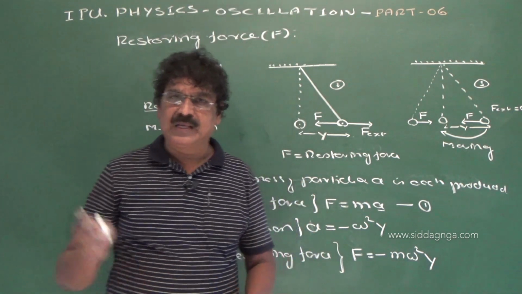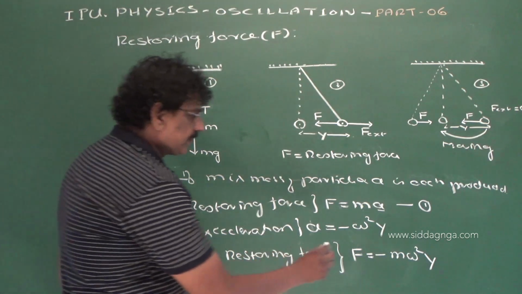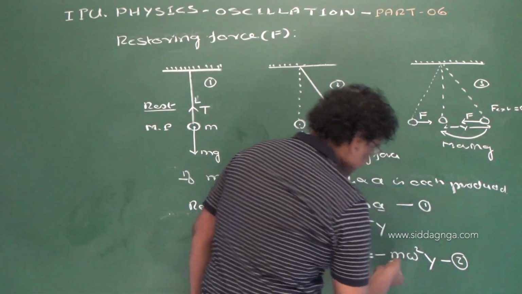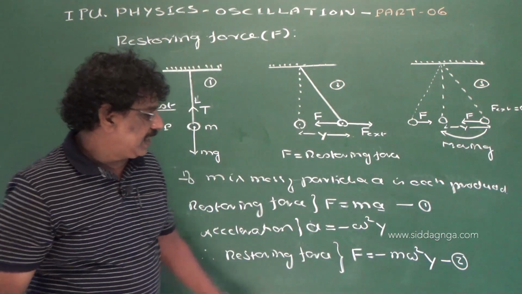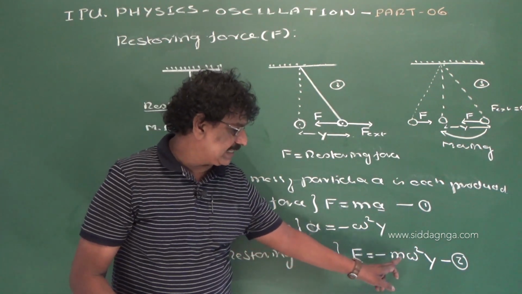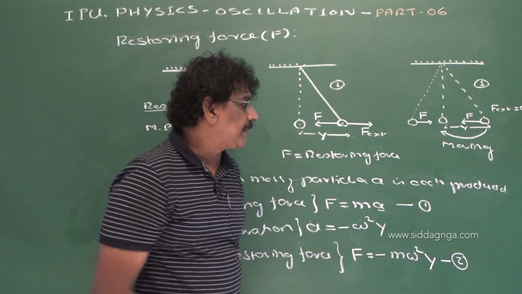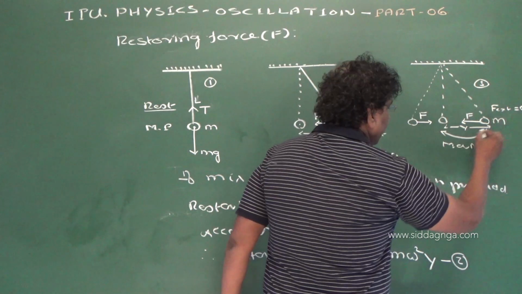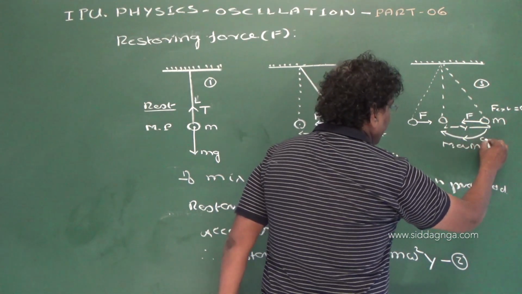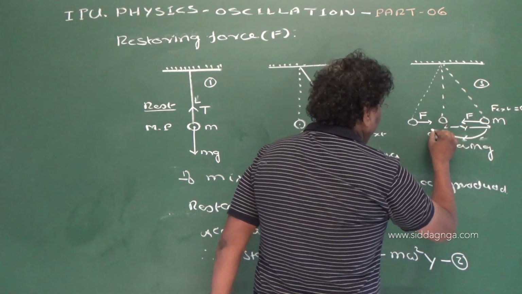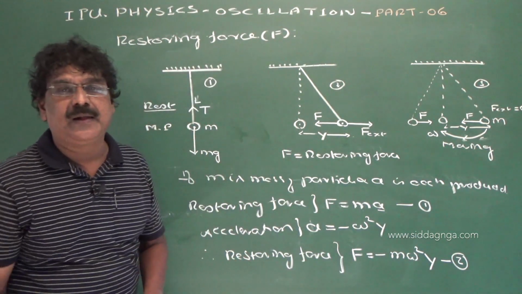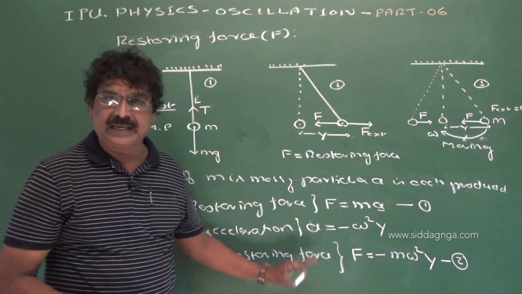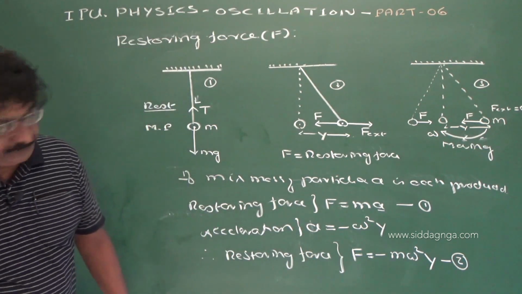Is that clear? We will take that equation 2 here. This is F equal to minus m omega square y, where m is the mass of the particle and omega is the angular velocity, that is, the rate of change of angular displacement. Is that clear?